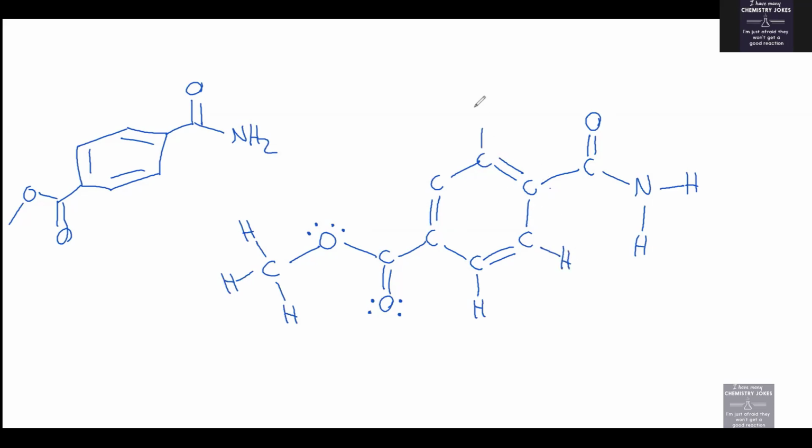Carbon is full. Oxygen needs 2 lone pairs in order to make him complete. Nitrogen needs 1 lone pair in order to make him complete. Woot woot, isn't that great? Skeletal structures.